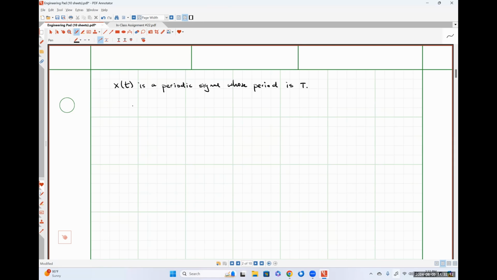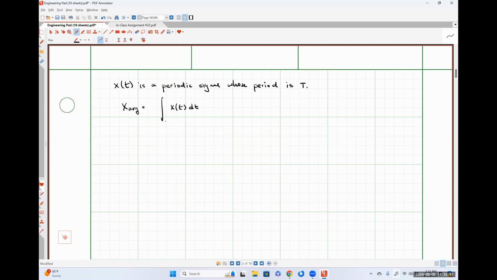The average value of x of t, x average, is equal to the integral of x of t with respect to time over exactly one period.